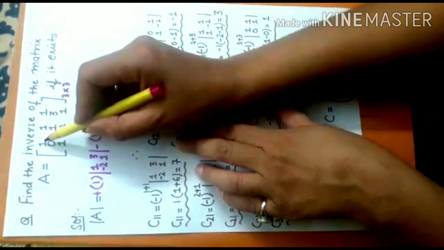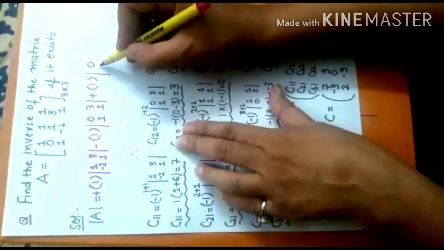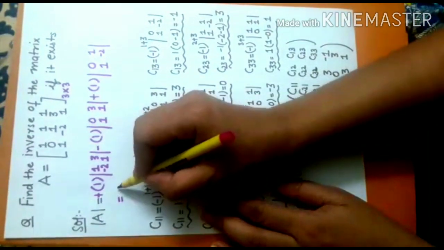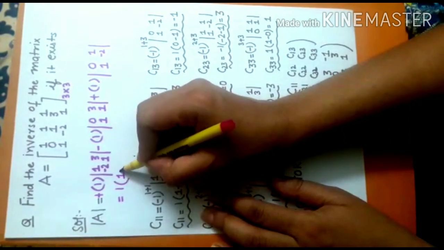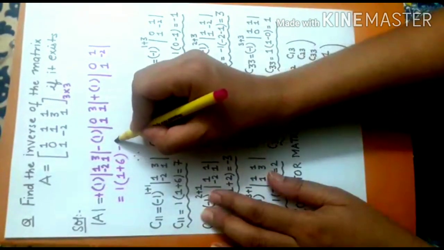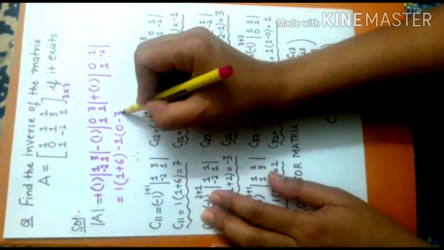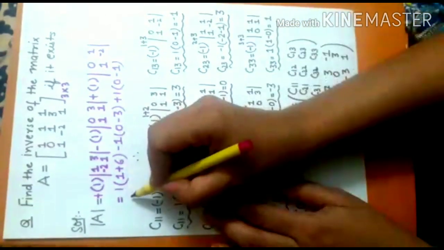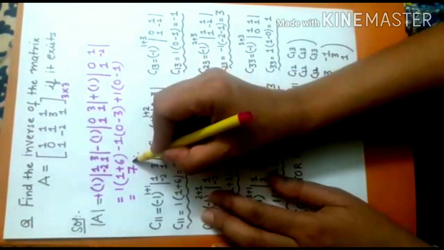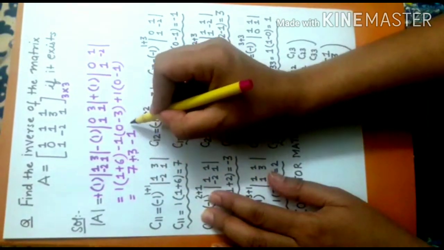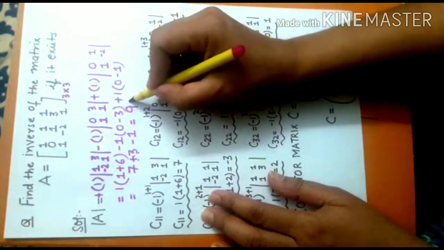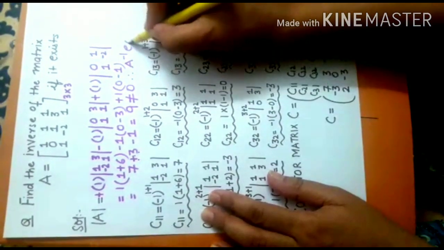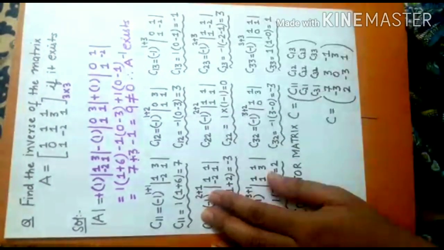So determinant of the submatrix will be this. So I'll get 1 into 1 plus 6, minus 1 into 0 minus 3, plus 1 into 0 minus 1. So that will give you 7 plus 3 minus 1, which is 9. So determinant is not equal to 0. So therefore A inverse exists.